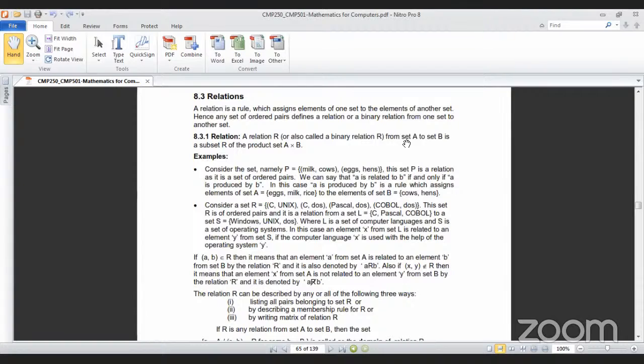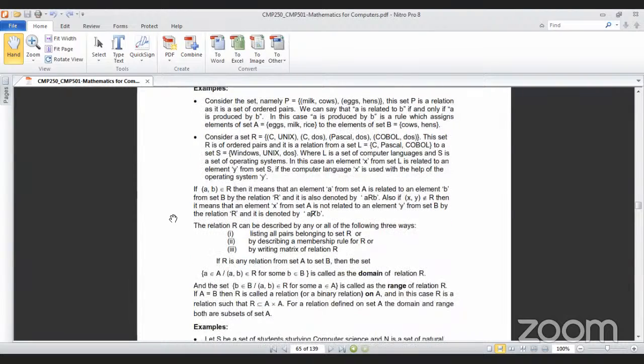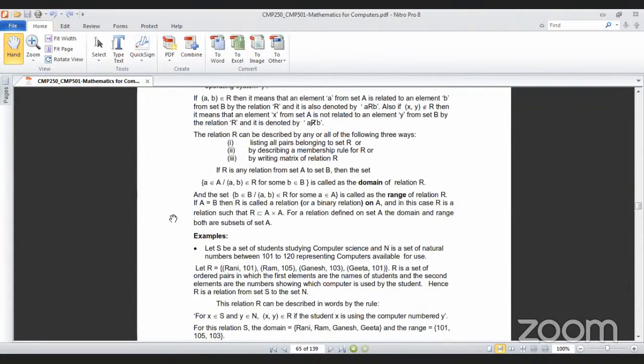A relation R from set A to set B is a subset R of the product set A cross B, which is nothing but your Cartesian product. Understood? So in our example, you needed to find R cross R, na?